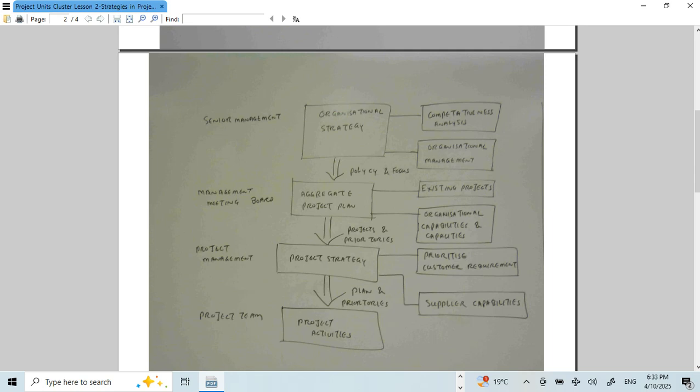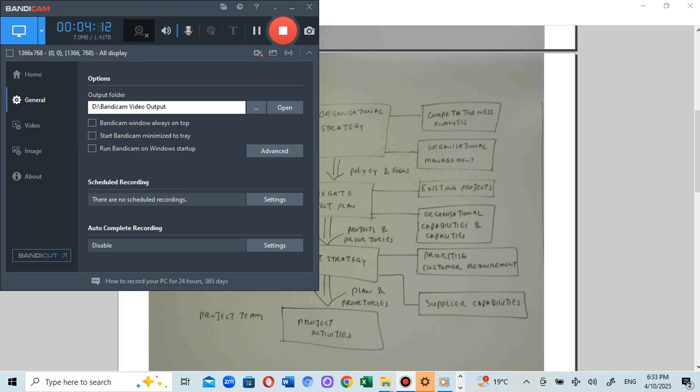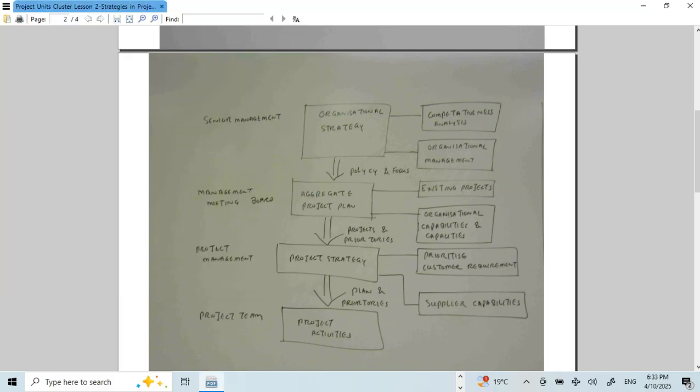This is the typical structure of the project management plan. Senior management sets the organization strategy, and in this case it includes competitiveness analysis. Whether your project's performance is competitive or not has to be analyzed, whether it can meet your financial resources and also the technical competency.